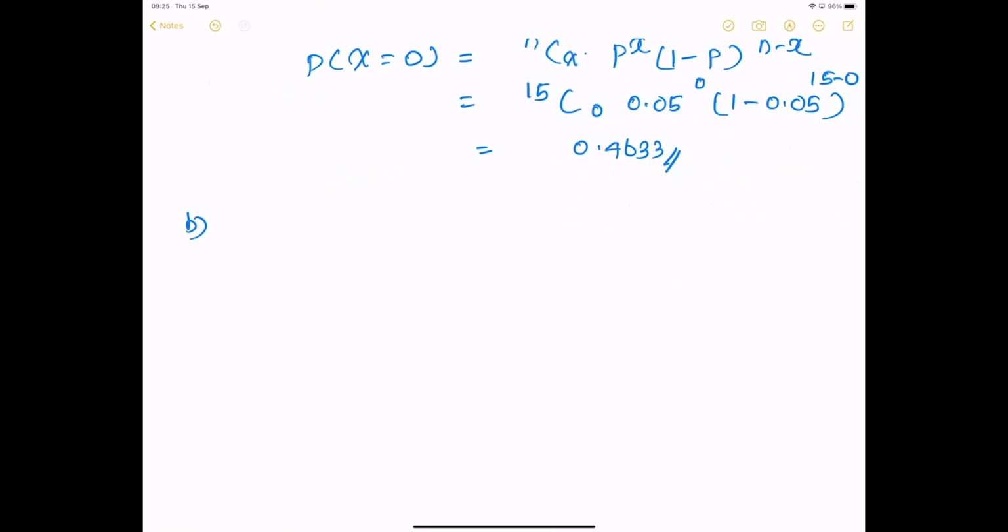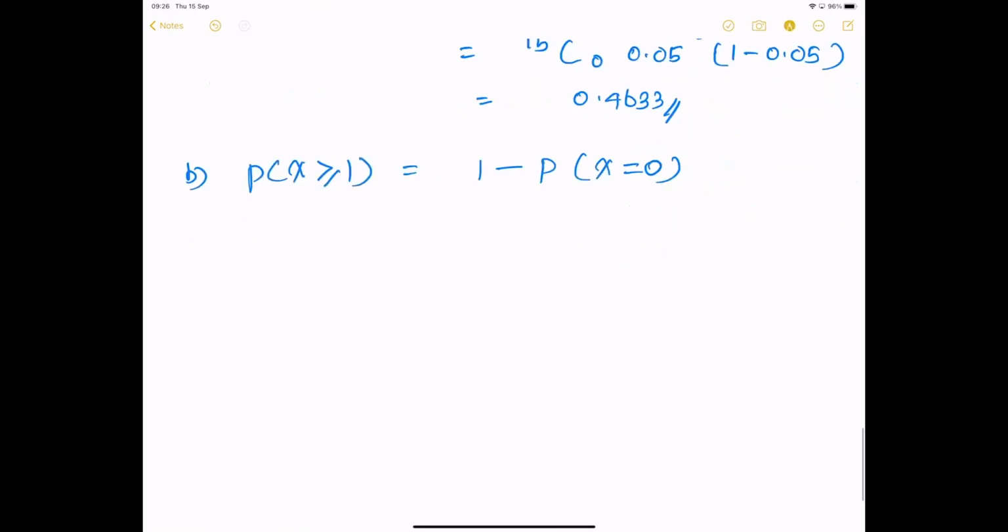Part B: what is the probability that there is at least one defective item, right? At least one defective item. Then defective items may be greater than or equal to 1, right? Therefore, we know how to write this. X equal to 0, like the previous situation, right?